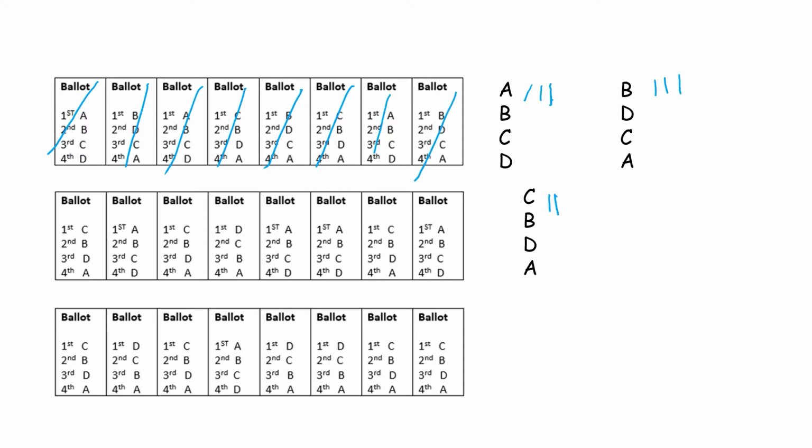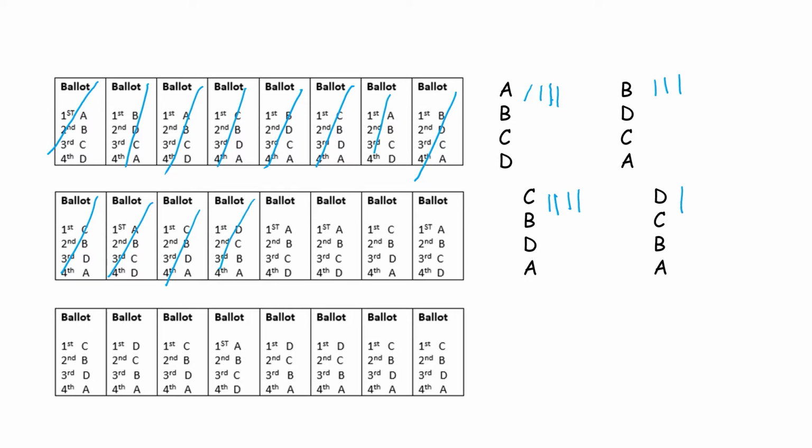Let's count up the second row. We start with CBDA. Put a tally mark for that. ABCD. CBDA, that's another one. And then DCBA. That's a new one, so let's write that down and put a tally mark.